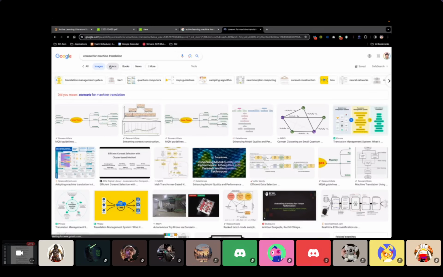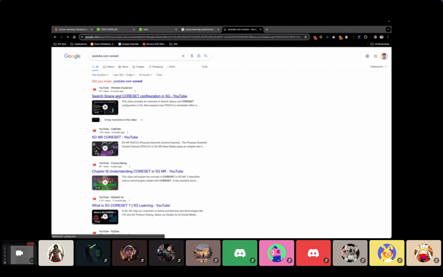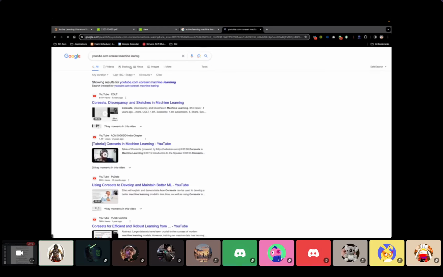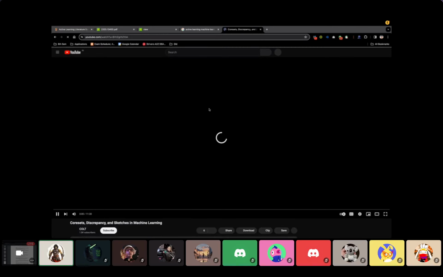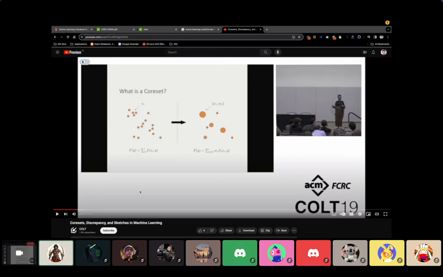Core sets in machine learning. I think I saw a video. Okay, so from this figure you can understand there are lots of points.